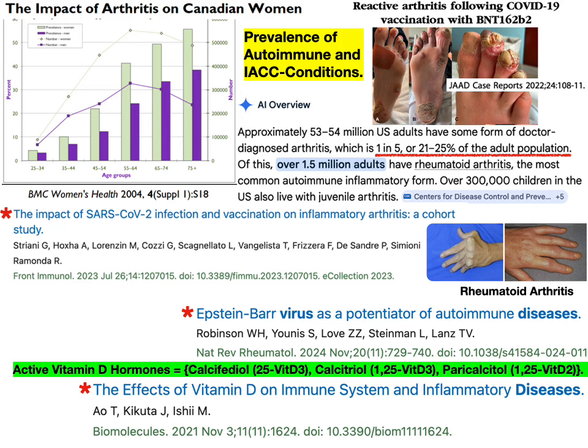Of this, over 1.5 million adults have rheumatoid arthritis, the most common autoimmune inflammatory form. Over 300,000 children in the U.S. also live with juvenile arthritis. It is thought that there are a number of upstream microbial drivers for this autoimmune condition.